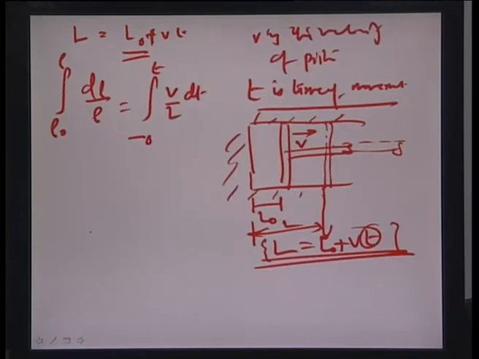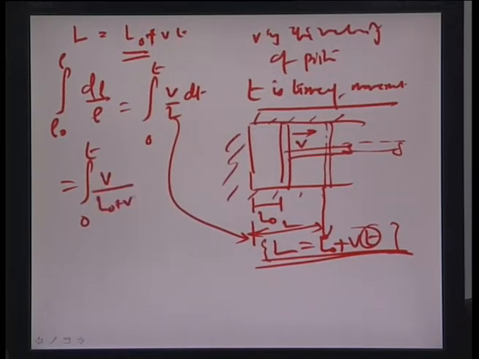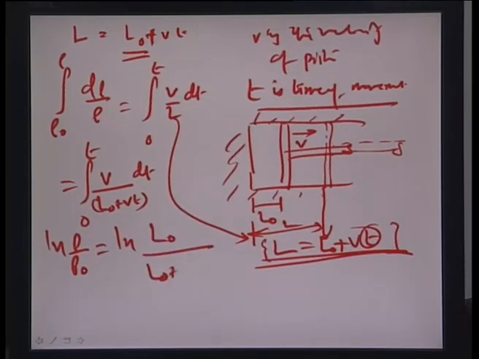As this L comes from L0 plus vt, we have the integral from 0 to t of v by (L0 plus vt) dt. So ln(ρ/ρ0) becomes equal to ln(L0/(L0 plus vt)), after putting the limits 0 and t.